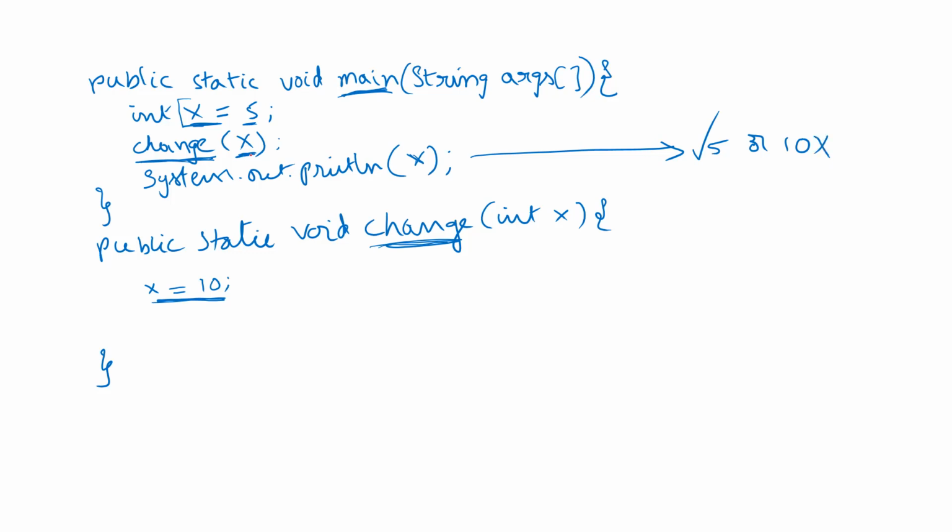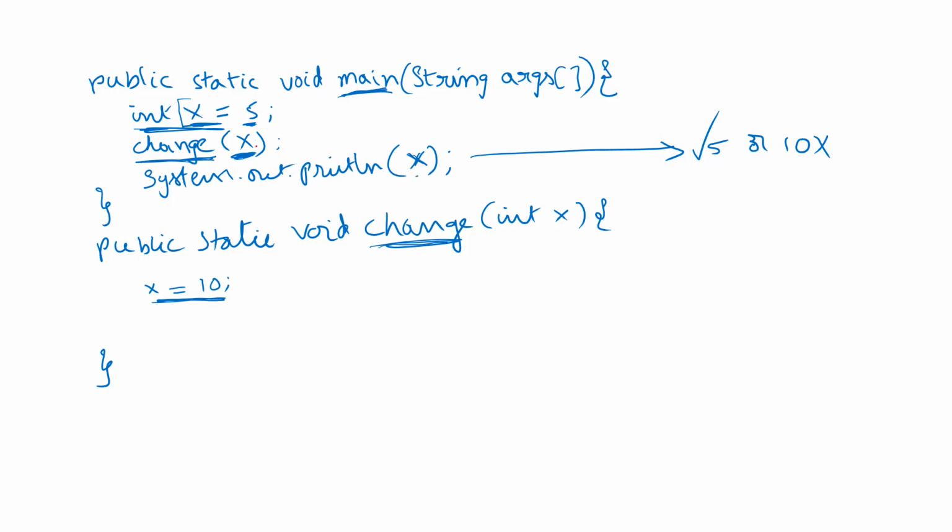The reason is, integer x is a primitive value. When we are passing a primitive value to a method, it always passes by value and not by reference. That means it passes the value 5 here, but it doesn't pass the reference of x. That means the memory location of x won't be passed. It just passes the value.